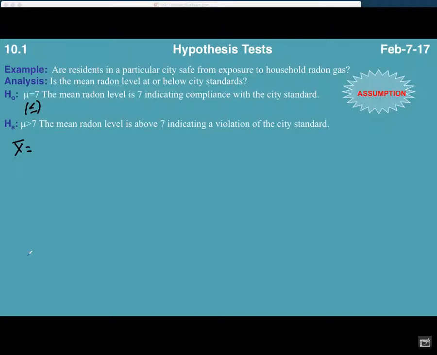X bar is 7.7. Okay, while they're working on that, find the standard deviation too. 3.7 squared is 13.69. 0.3, 0.09. 7.7.